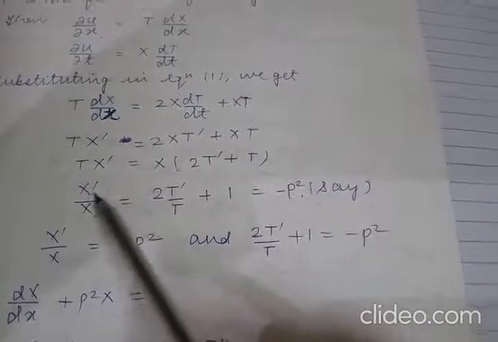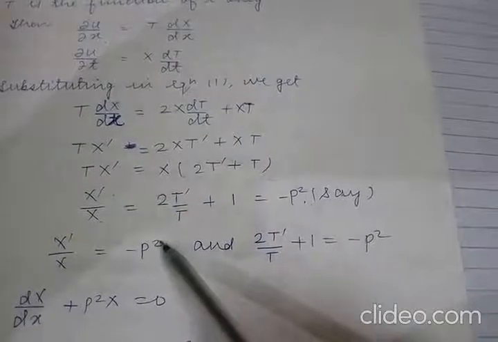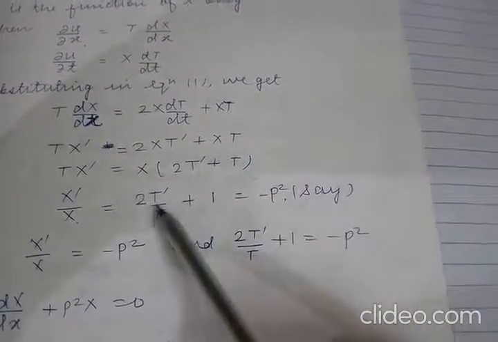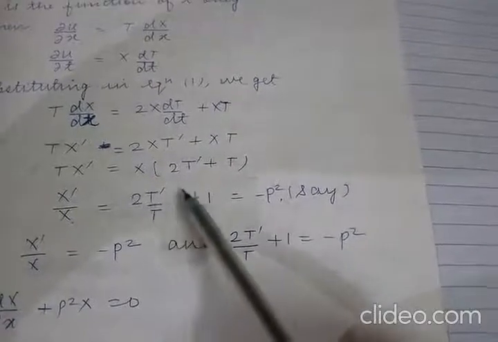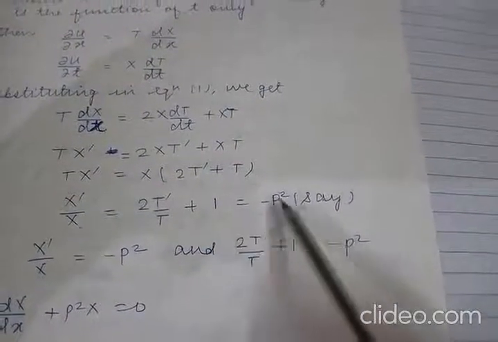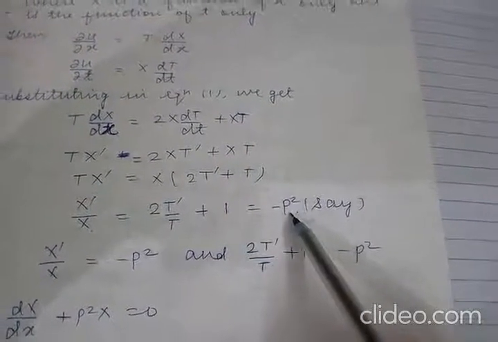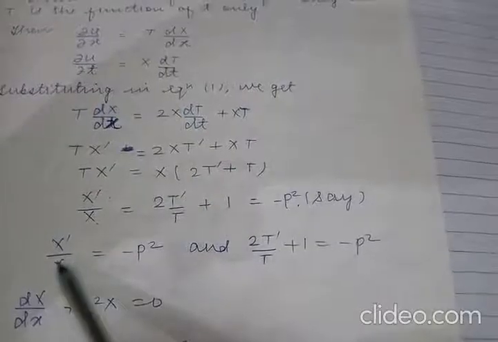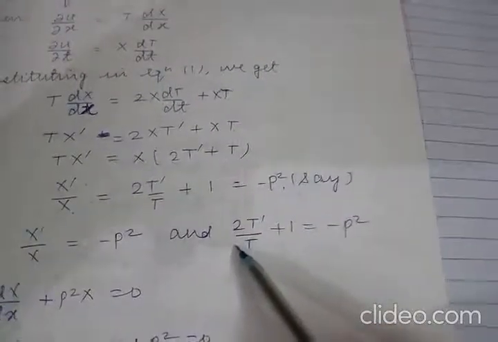Firstly we put X dash upon X equal to minus p square and solve it for the solution. Again we put 2T dash upon T plus 1 equal to minus p square and we will obtain another solution, which is in the form of t. Here we will find the solution in the form of x. So there will be two solutions, one in the form of x and the other in the form of t.